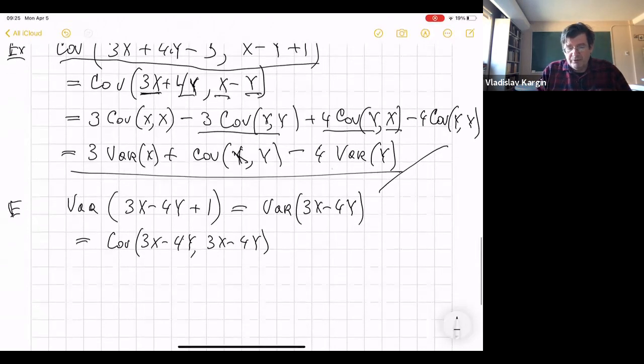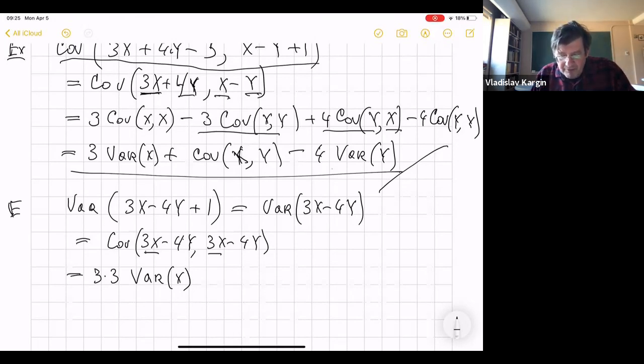Then it's equal to covariance of 3x with 3x, so 3 times 3 covariance of x and x. Instead of covariance of x and x, I immediately write variance of x. I'm skipping this step.